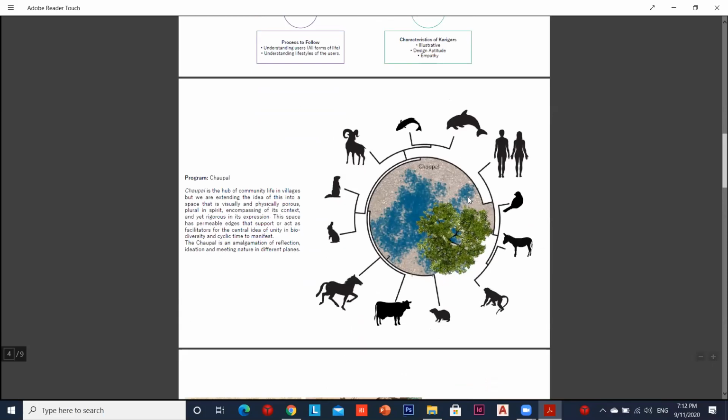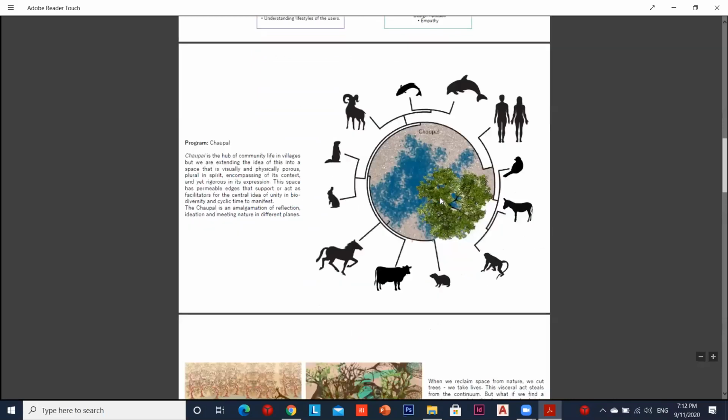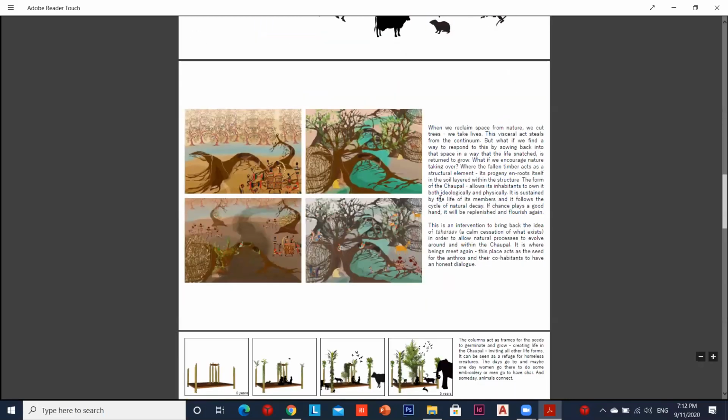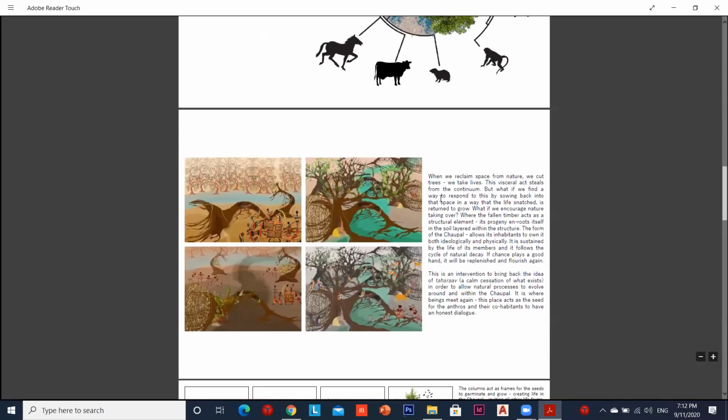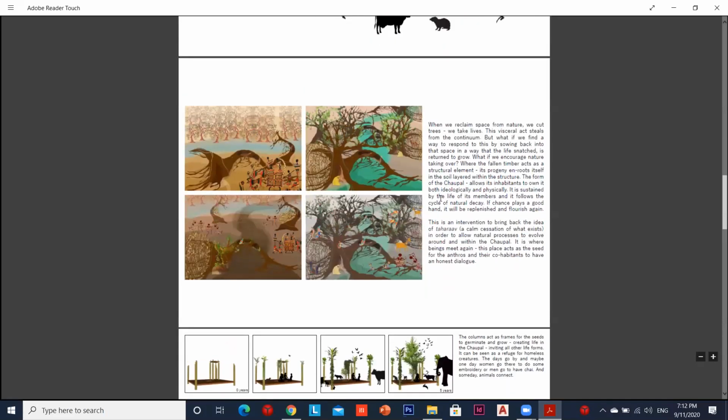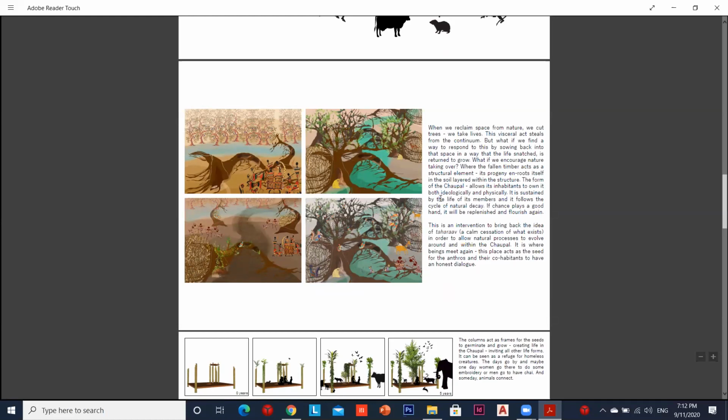The program is a Chaupal. A Chaupal is an open meeting place. For us, we have converted the idea of the Chaupal to a common space where everybody can come and have an honest dialogue, and it is accessible to all life forms. Nature, for example the tree, it is a very visceral feeling that trees are cut, they are used, and energy is transferred.